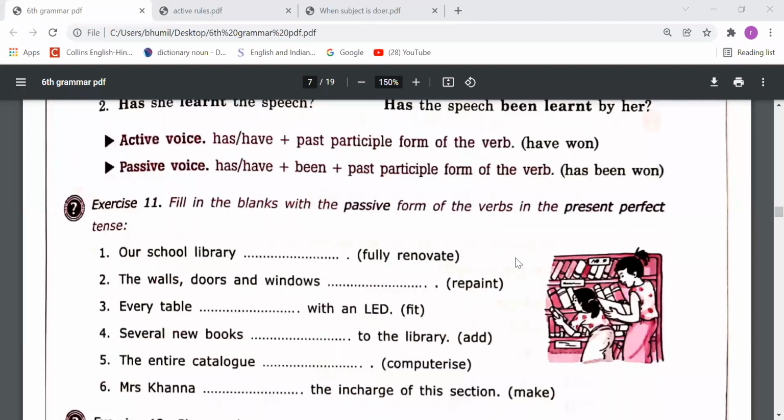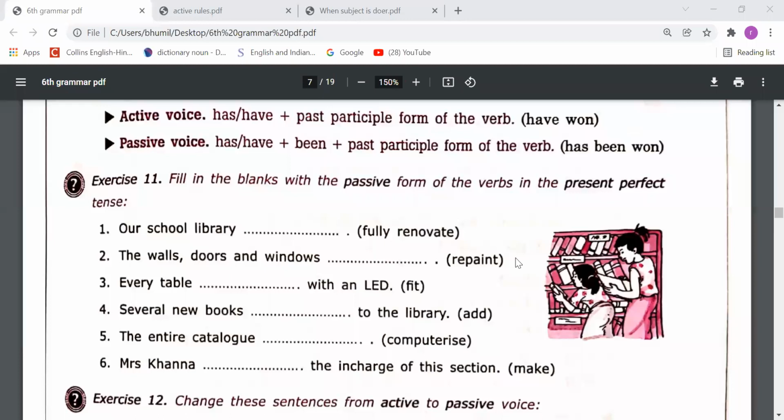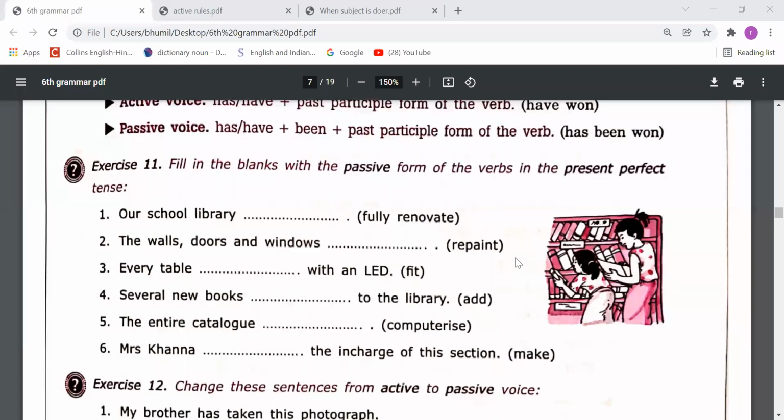Now let's come to exercise number 11. Fill in the blanks with the passive form of verbs in the present perfect tense. So present perfect tense we have to use here, and we have to make them in the passive form. Our sentence is "Our school library...".